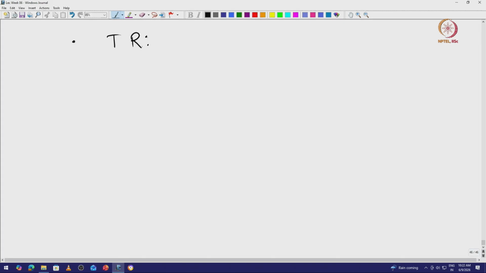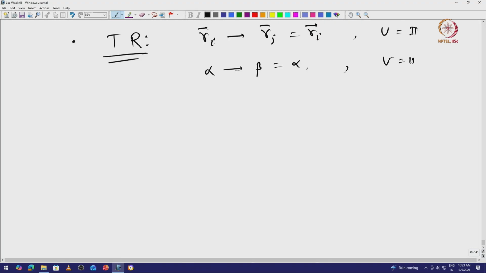Time reversal. So, under time reversal, R_i remains R_i, R_j goes to R_j, which is equal to R_i. In real space we do not do any changes, and the orbital goes to the same orbital, so U being identity, V being identity.